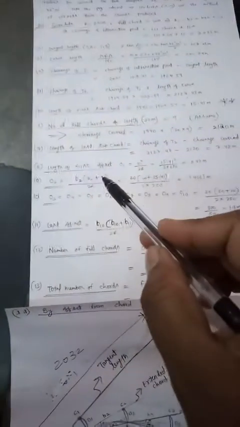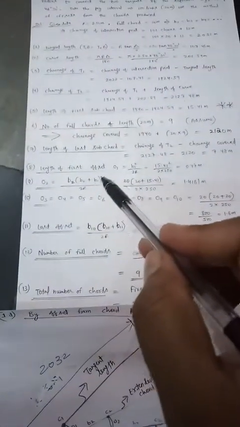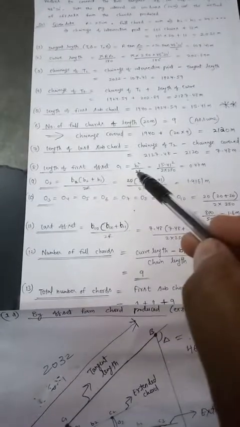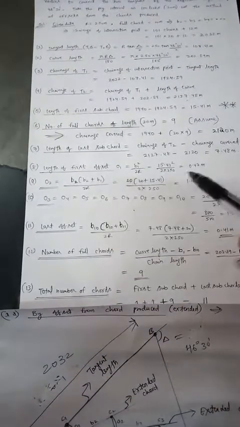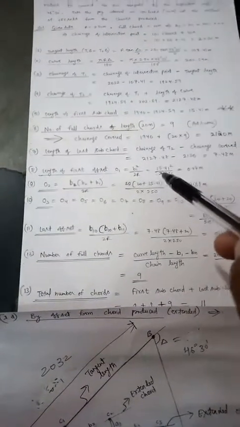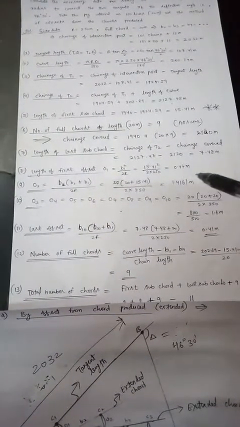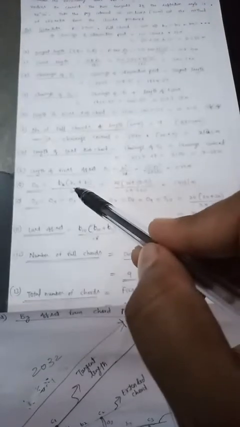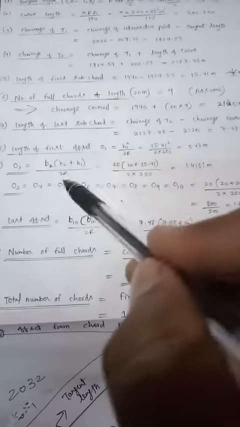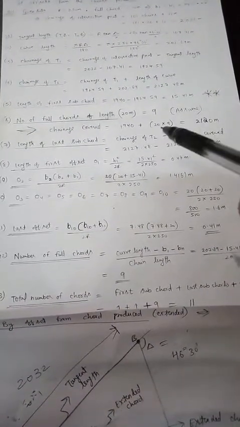Next, the length of the first offset we will calculate. O1 equals B1 squared by 2R. By substituting the above values in this formula we will get 0.4. The formula for O2 is B2 into B2 plus B1 by 2R. The B2 value is 20 meters, that is a full chord.